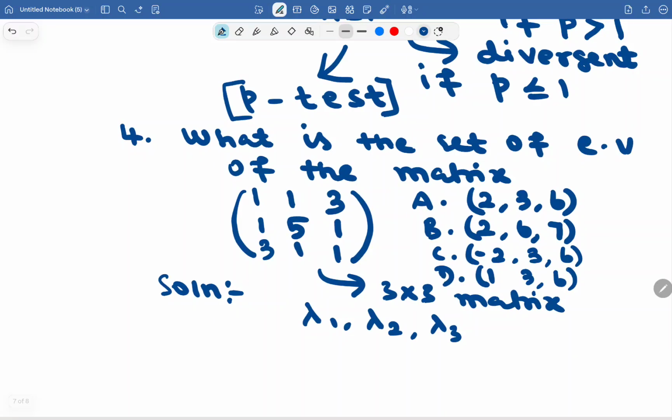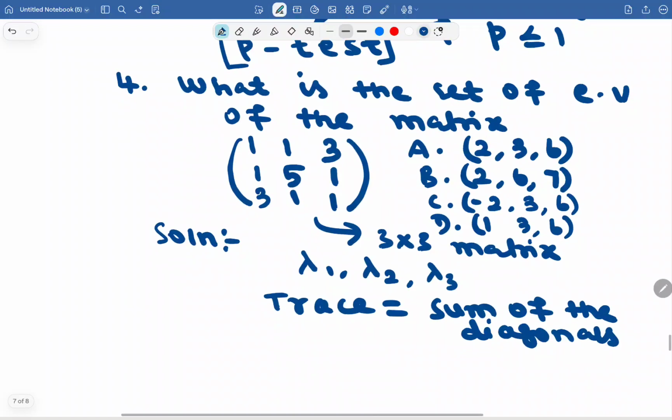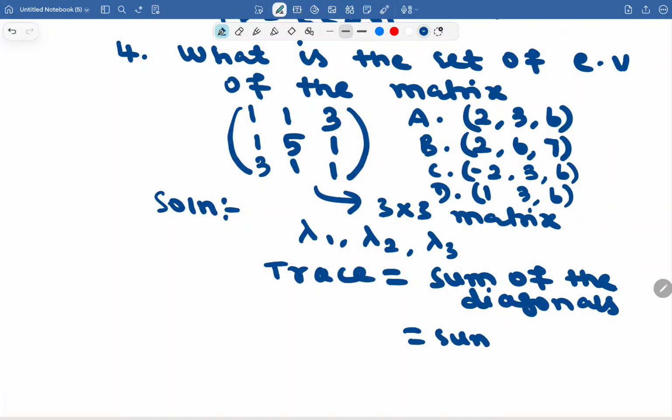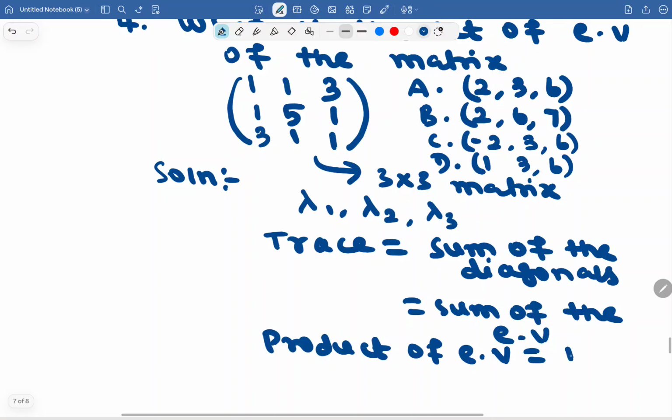By a well-known result, trace, which is the sum of the diagonal, is equivalent to the sum of the eigenvalues, and the product of the eigenvalues is equivalent to the determinant.